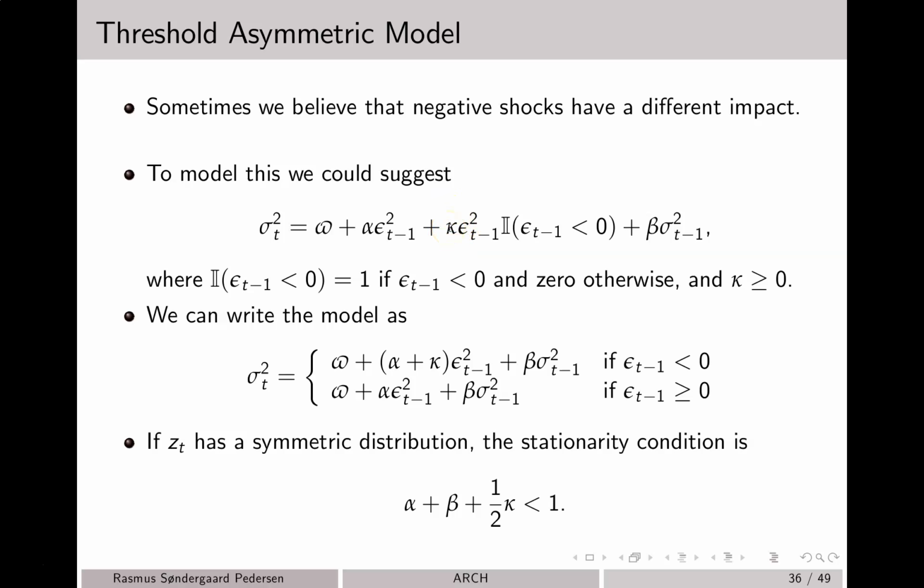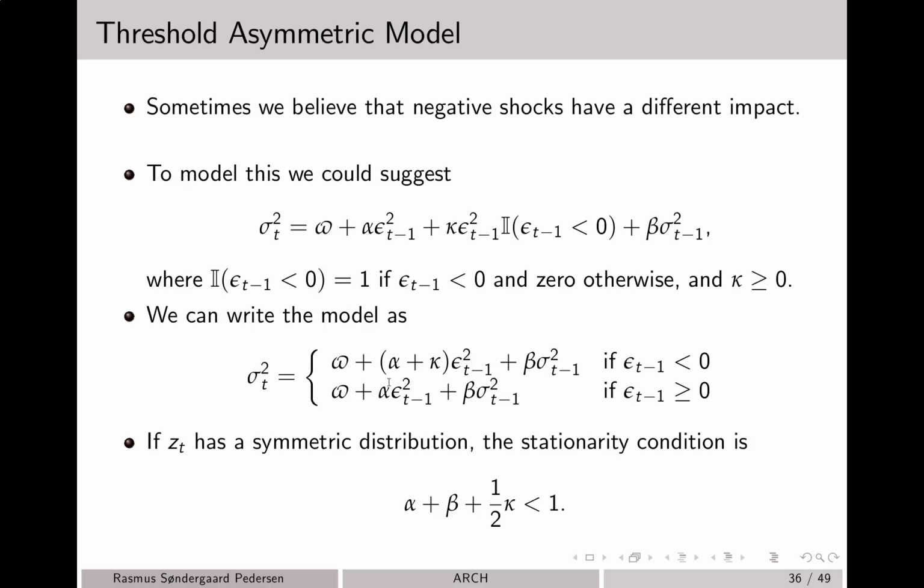What this means is that if the shock at time t minus 1 is negative, then we have a larger ARCH coefficient, namely alpha plus kappa, compared to the case where the shock was positive and we only have alpha as the ARCH coefficient.